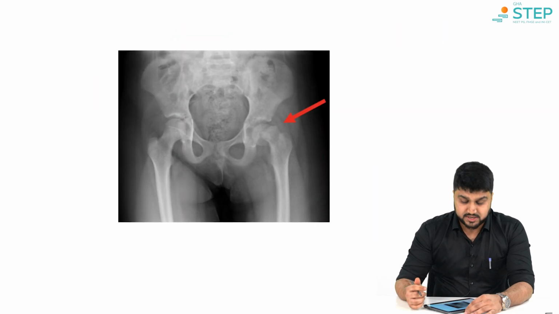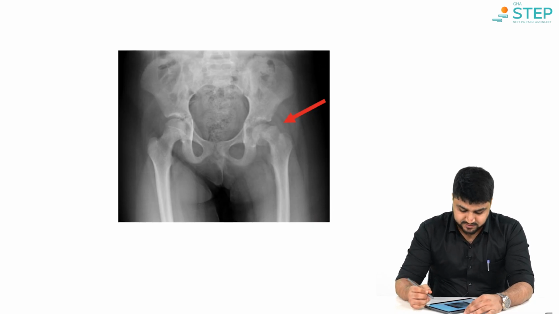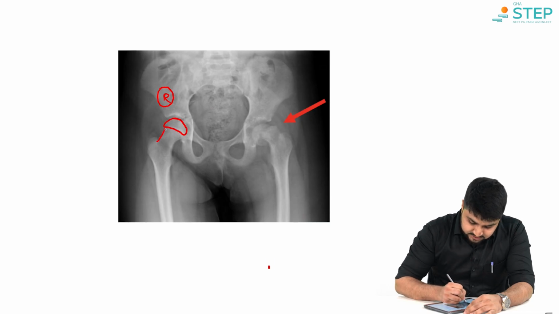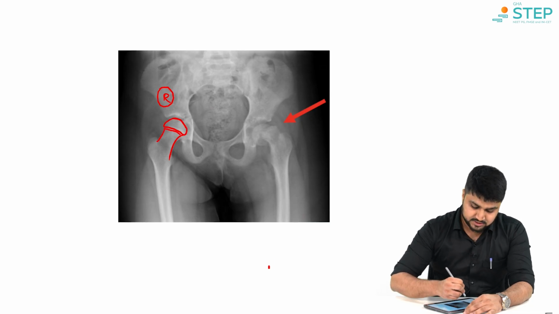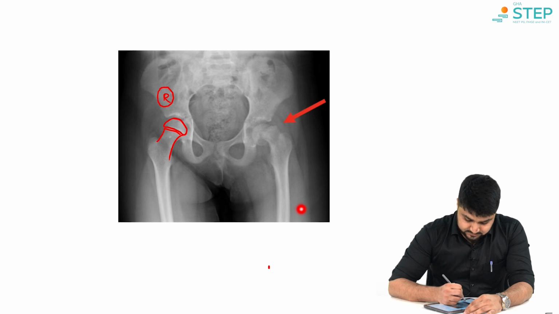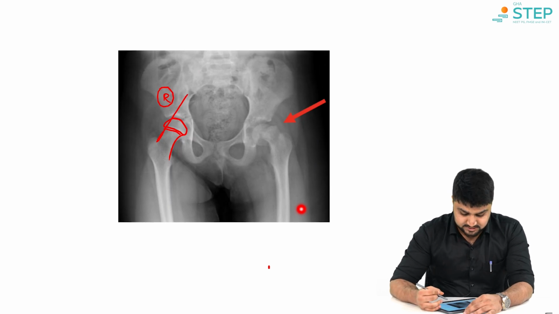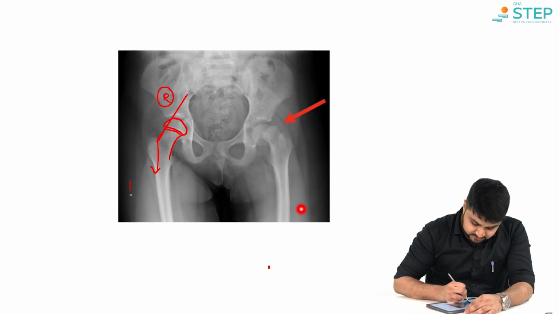Now this is a radiograph of the pelvis with both hips of a patient with slipped capitofemoral epiphysis. The right side is the normal side. As we can see here, this is the femoral epiphysis and this is the metaphysis. So if we draw an axis along the superior part of the neck of femur, it usually passes across the femoral epiphysis as well. This line is known as Klein's line.